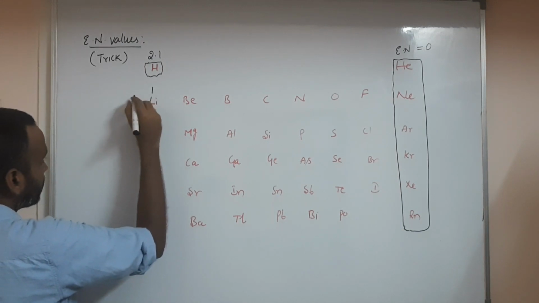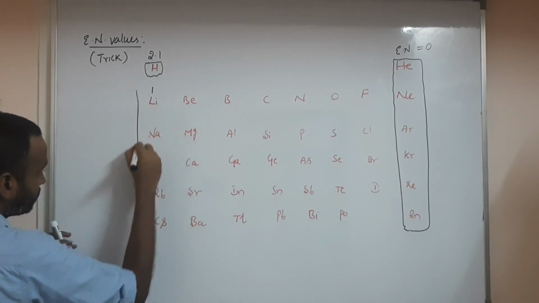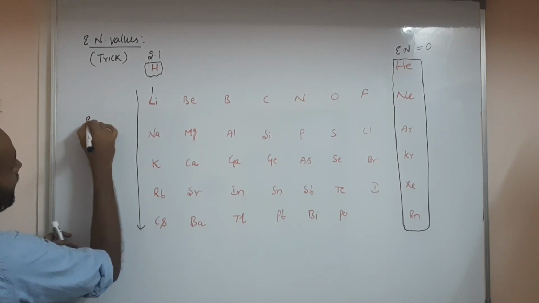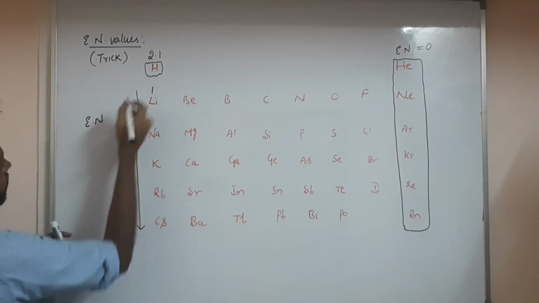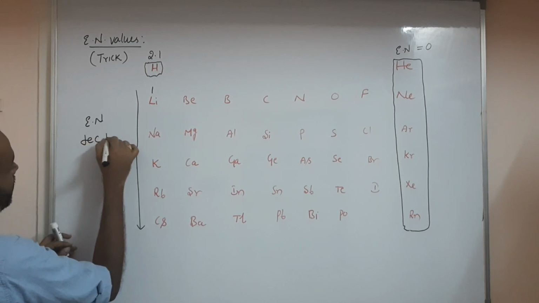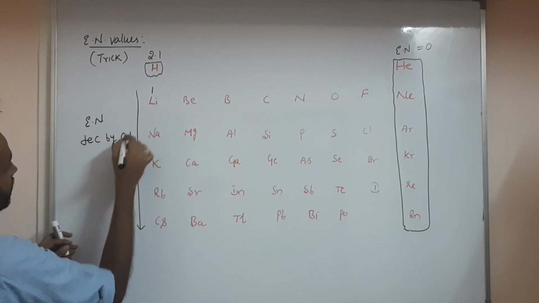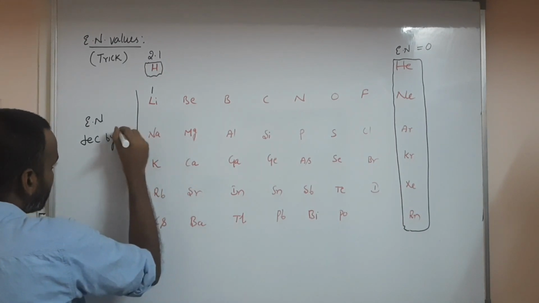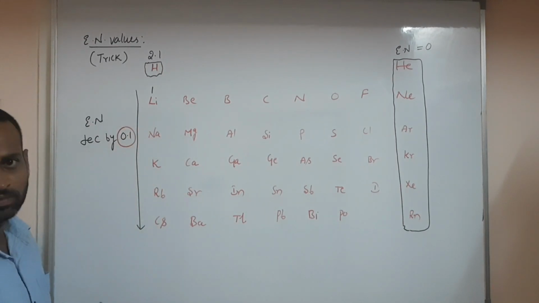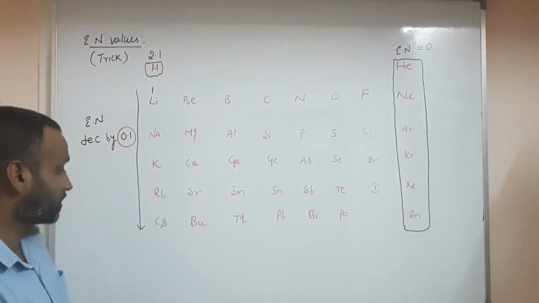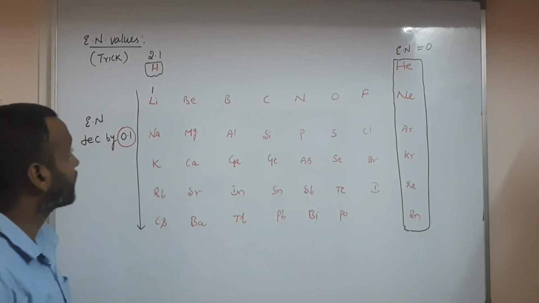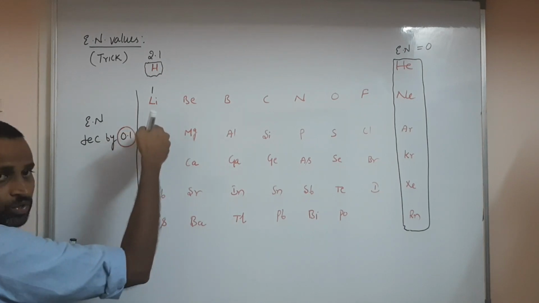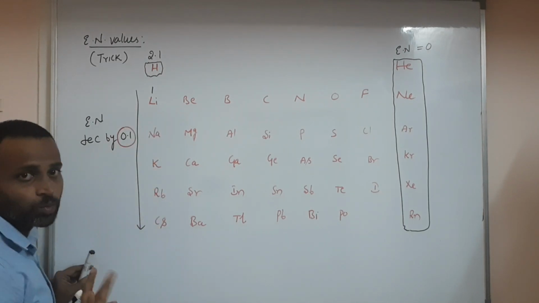From top to bottom, write down this one: electronegativity starts with 1 and decreases by 0.1 in this particular group, the alkali metals.